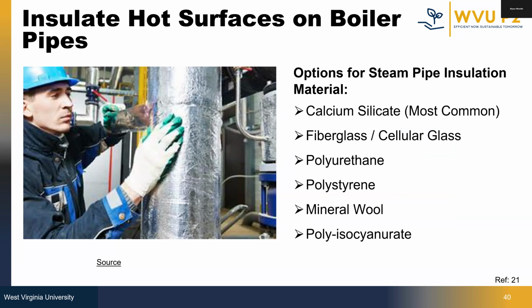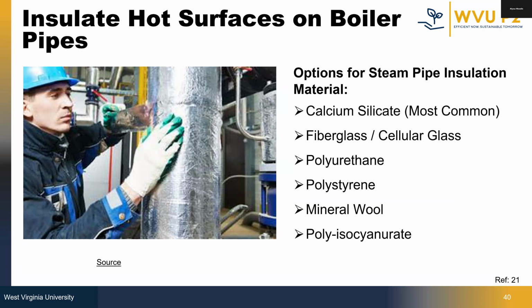Some of the common insulation materials for steam pipes and boilers are shown here. Calcium silicate is the most widely used due to its durability and thermal performance, but there are other options like fiberglass, polyurethane, polystyrene, mineral wool, polyisocyanurate, and so forth.